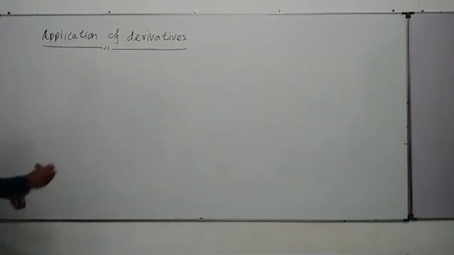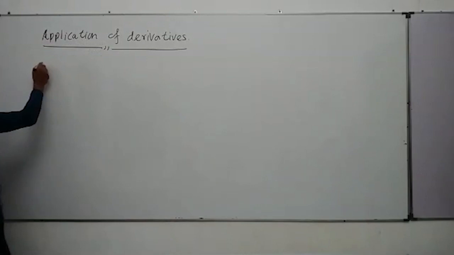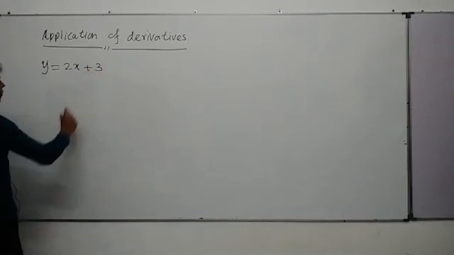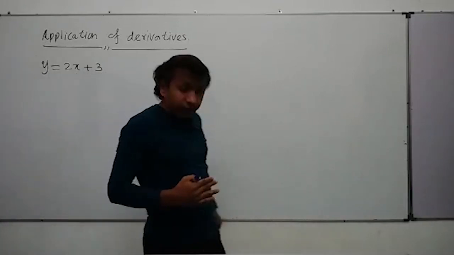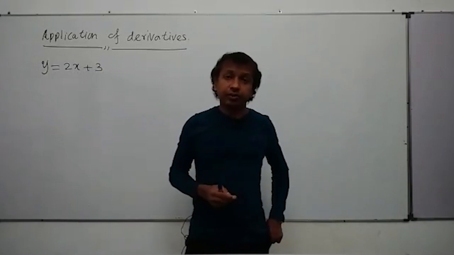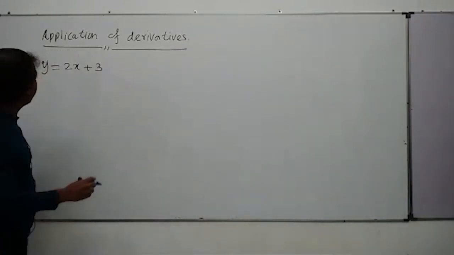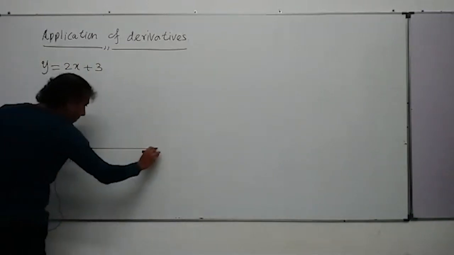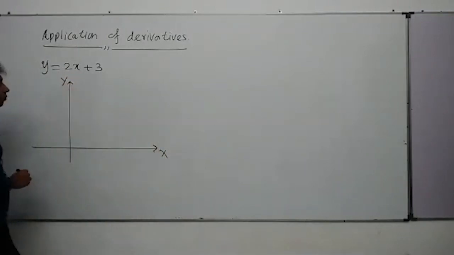Now I'm going to consider the standard equation. If I consider the equation y equals 2x plus 3, this equation represents a straight line. We can draw it on the xy plane, with the x-axis and y-axis.